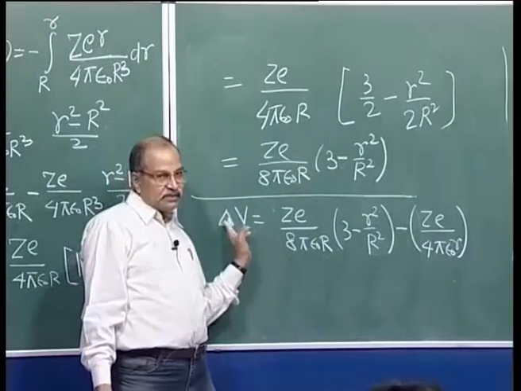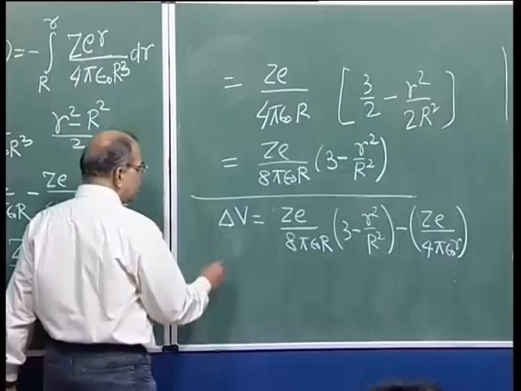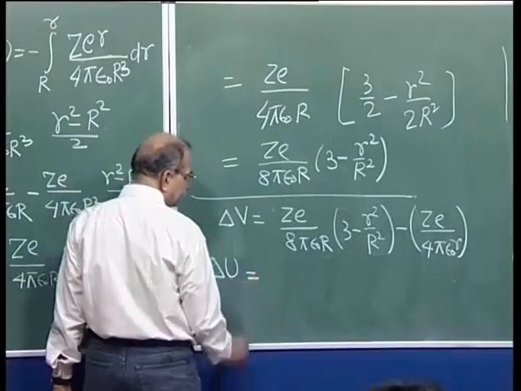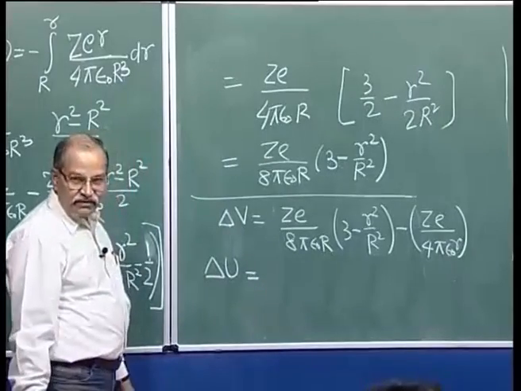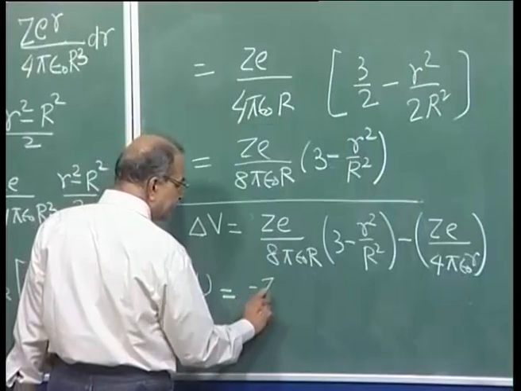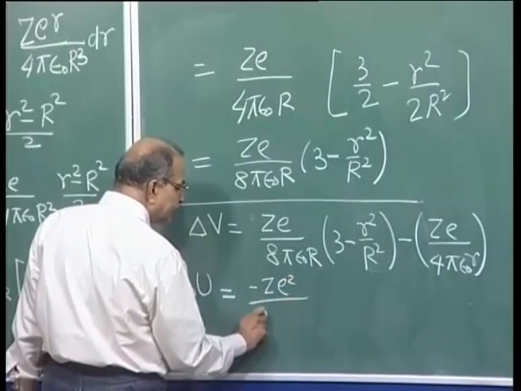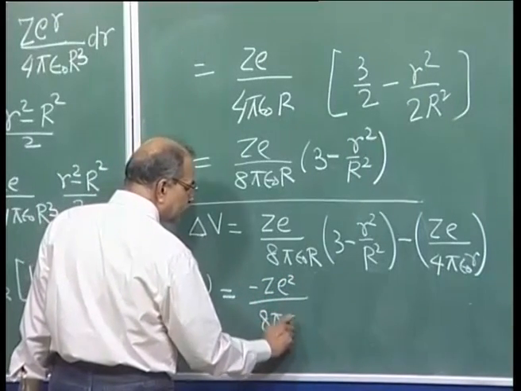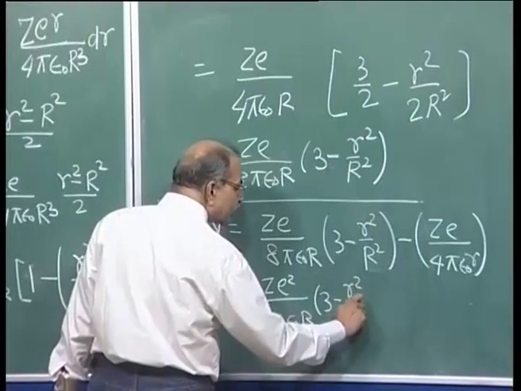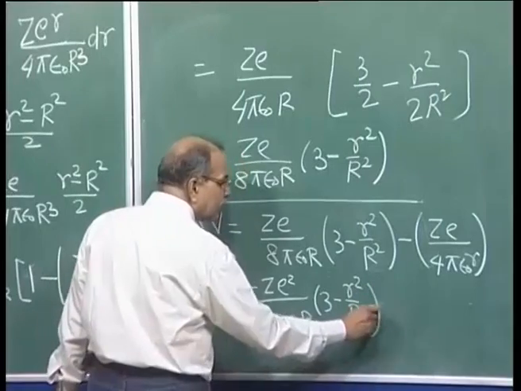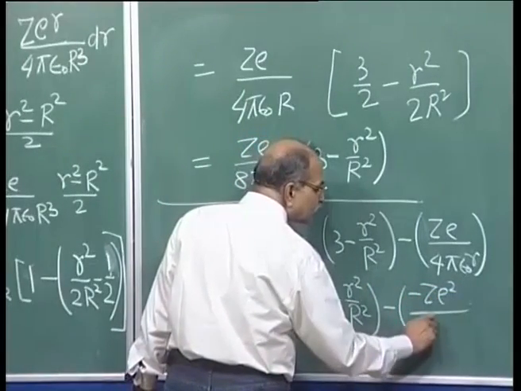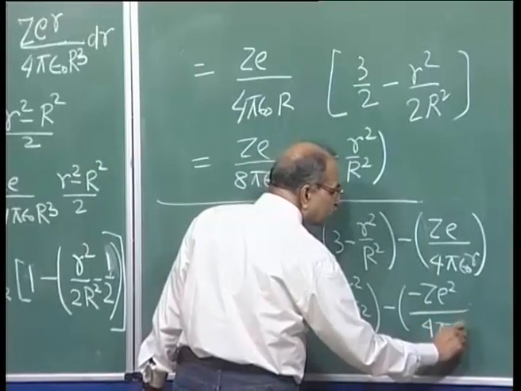So, that is the difference in potential, and therefore, the difference in potential energy, multiplied by minus E. So, this will be minus Z E square by 8 pi epsilon naught r (3 minus r square by capital R square), and then minus Z E square over 4 pi epsilon naught r.